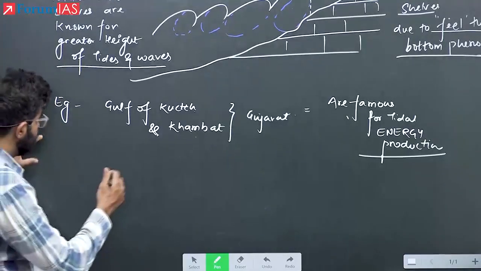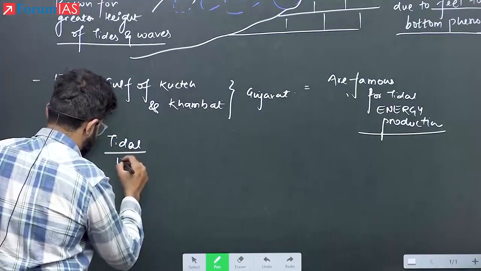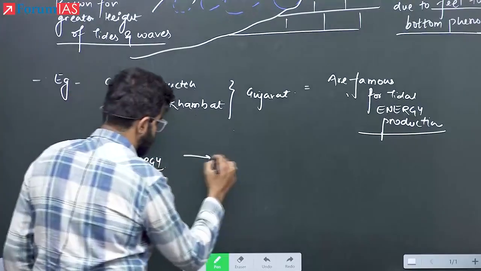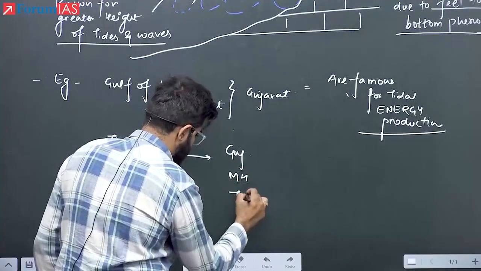In case of tidal energy production, the top states are: number one, Gujarat; second, Maharashtra; Tamil Nadu is the third.